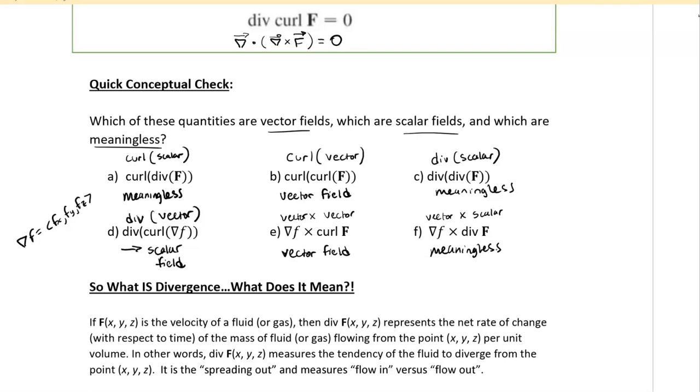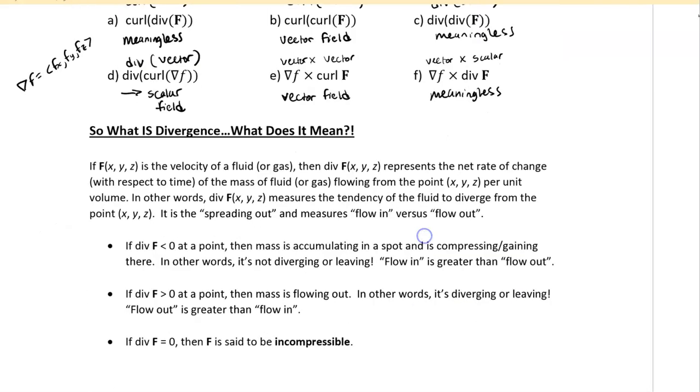So in class, we talked about what curl looks like, in quotations right there. Now let's talk about what divergence looks like. So if F, our vector field, is the velocity of a fluid or gas, then the divergence represents the net rate of change with respect to time of the mass of fluid or gas flowing from our point per unit. So just note that some of these explanations are very specific in what we are describing.